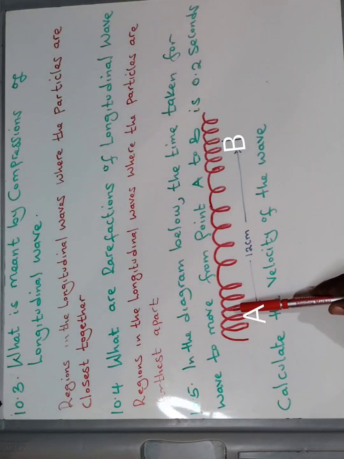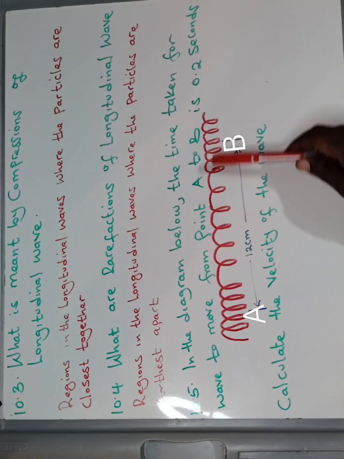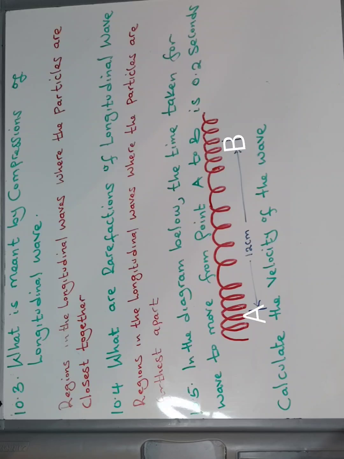So this point is in phase with this one and they are next to each other. This is the adjacent one. So that distance is the wavelength.